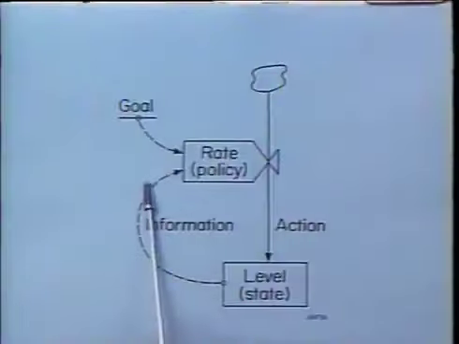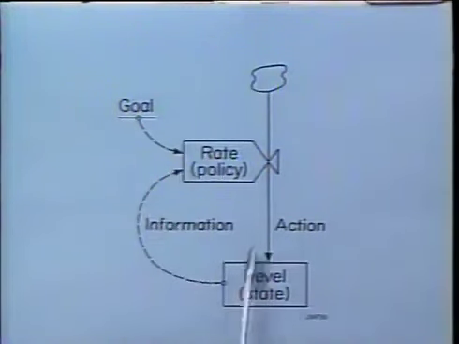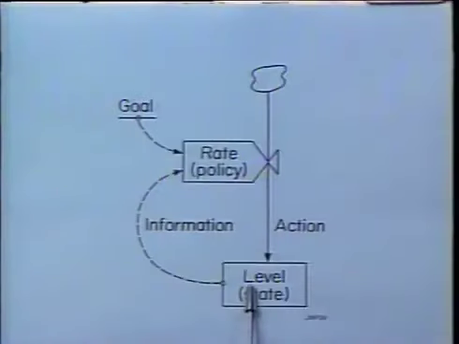There's another generality in this diagram that I think I did not mention, and that is that rates of flow are controlled only by levels, never by other rates, and levels are changed only by rates of flow, never directly by other levels. Other levels may influence in the sense that some other level may control this rate, which controls this level.